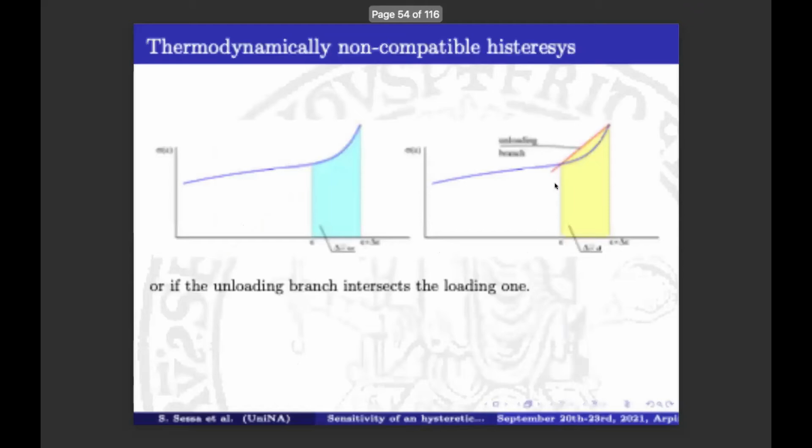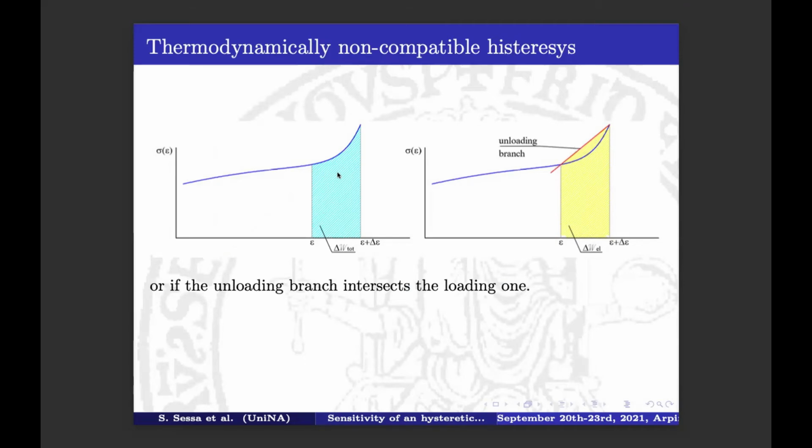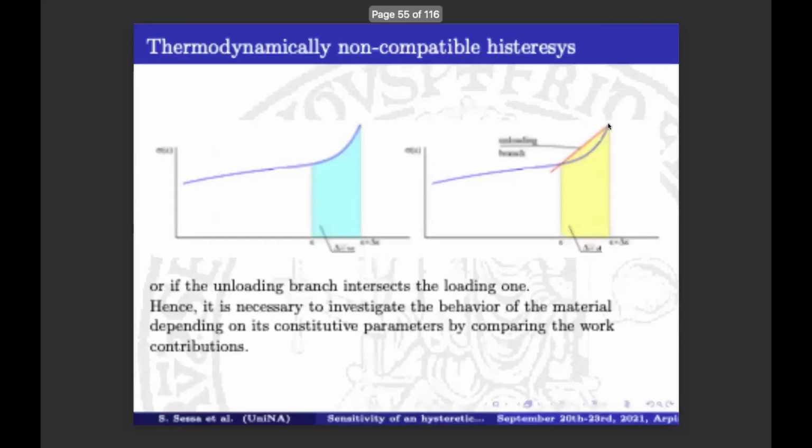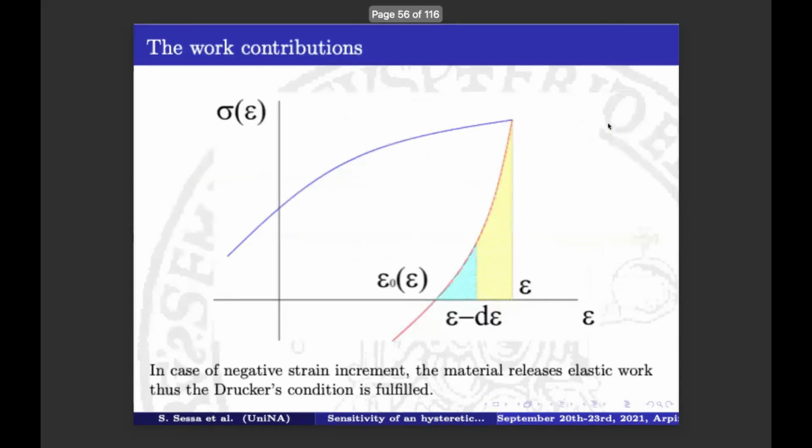But also, if I have an irregular behavior of the material, for example a seismic action with a lot of vibrations, then I may have an unloading curve that intersects the loading one, so that the total work, this blue area, is less than the elastic work associated with this equilibrium point. And so in this case, the inelastic work would be non-positive.